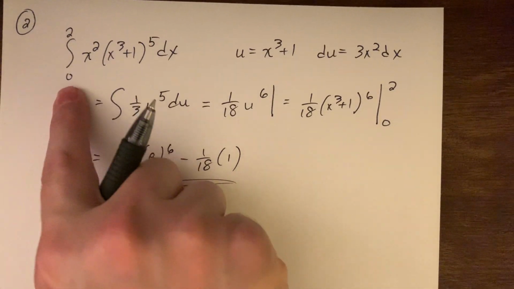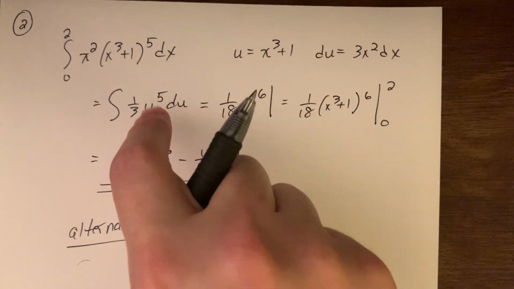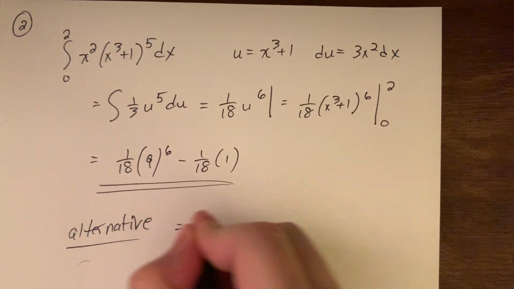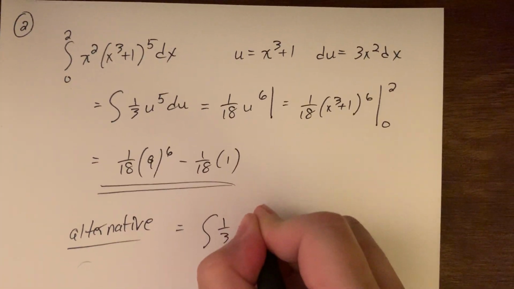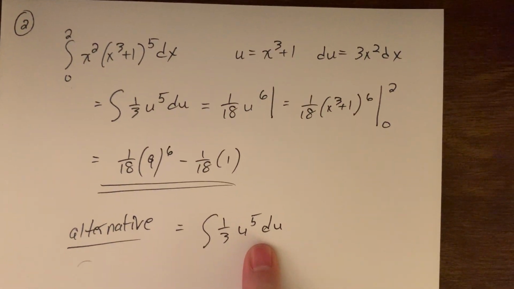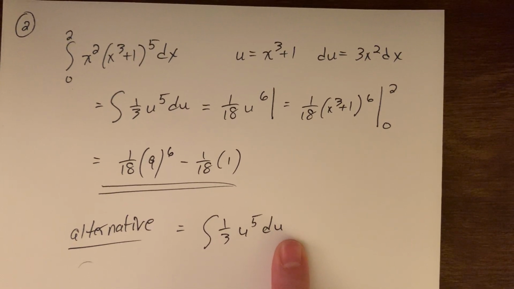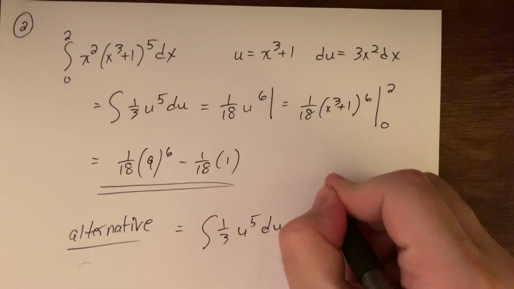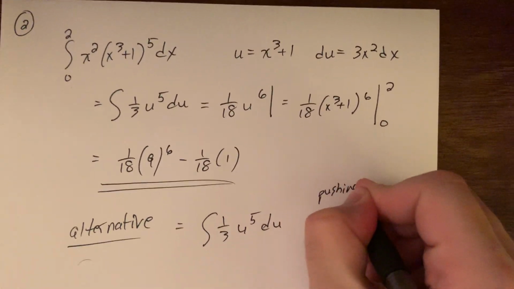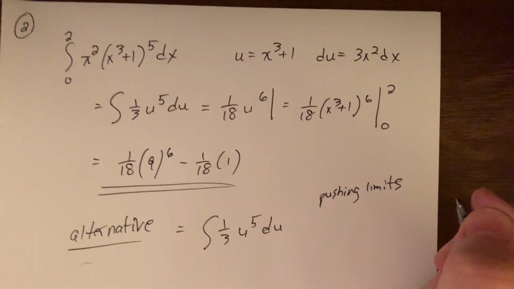But if you're in a definite integral, this is where the alternative comes up. As soon as you realize you have the right u substitution and that you're able to plug in the original variable canceled, what you can do is referred to as pushing the limits.